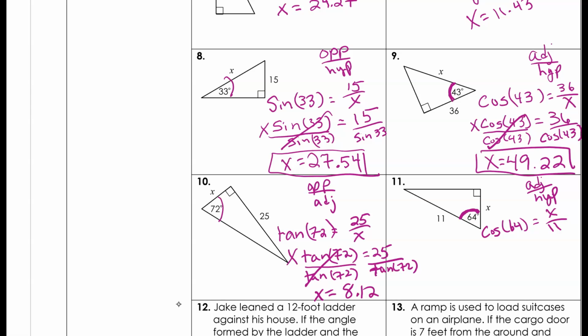And so 11 times cosine of 64 is equal to x. Algebraically, I can just switch my x on the left side just because I like it. It doesn't have to be. If you didn't put it on the left side, you would not be mathematically incorrect. It's just, I like putting it on the right side. All right.